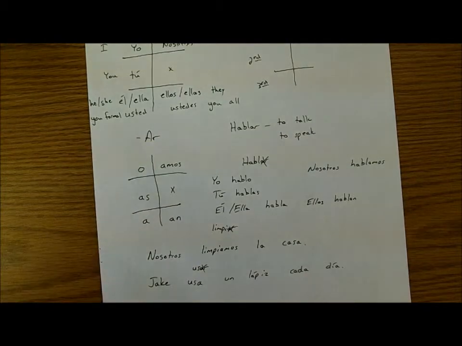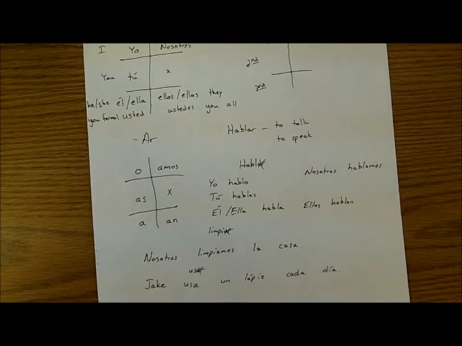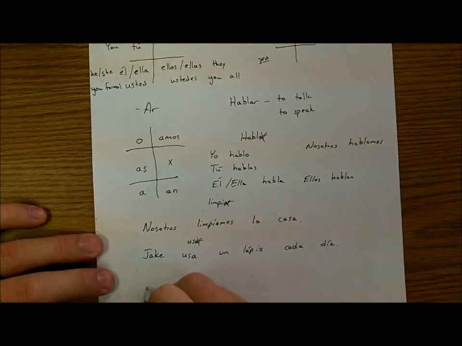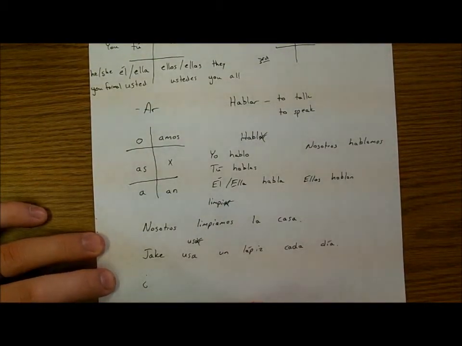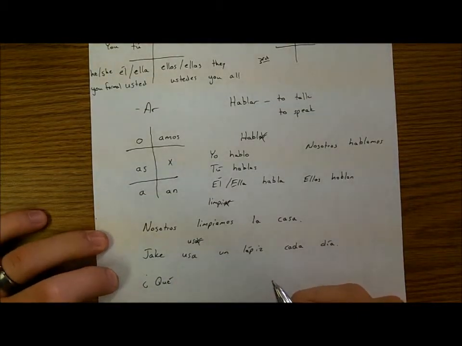Okay, we'll go to two more examples here, and then we'll move on to ER verbs. So, the next example we want to do is, what do you need for class? When you're writing a question, it just comes a little bit different. You have to put that upside down question mark at the beginning. We know the word for what is qué. So, start there. You need.